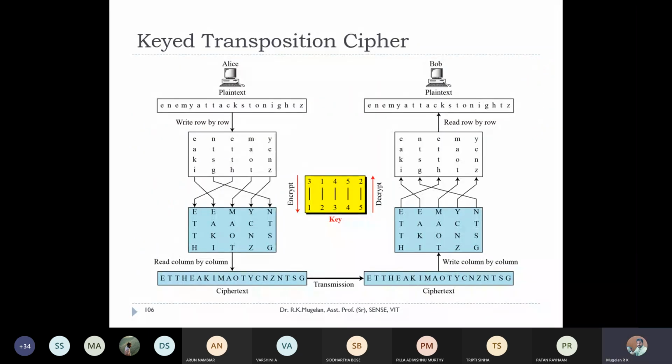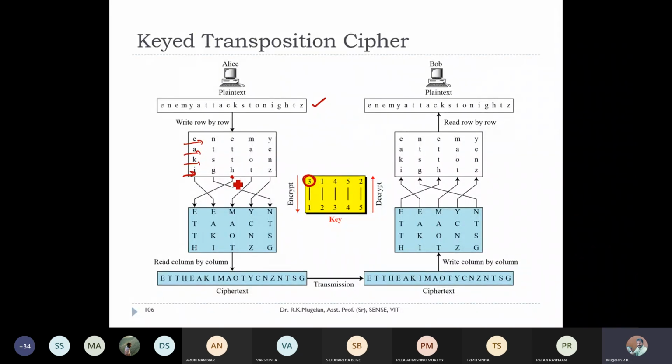So how have they enhanced this keyed transposition cipher? Instead of taking the values directly, they introduced the method of writing and reading in terms of columns and rows. Here they got the plain text and started writing row by row: enemy attacks tonight. Now they took the key. The 3 denotes the third column.